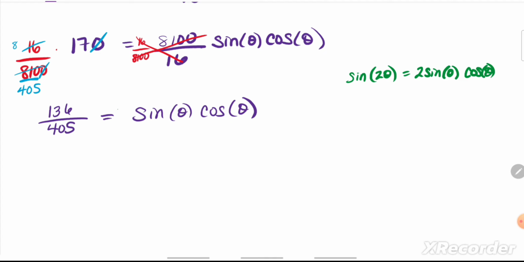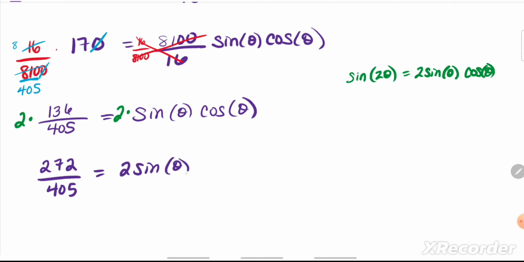If I multiplied both sides by 2, we'd have 272 over 405 equals 2 sine of theta cosine of theta.